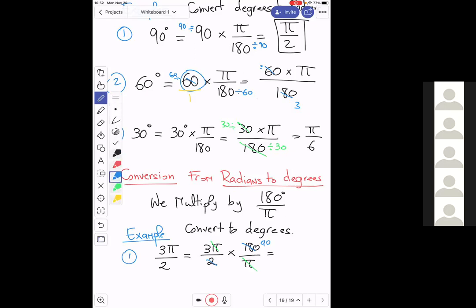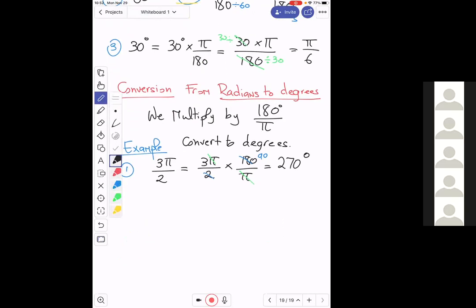So the answer is 270 degrees. Or of course, you can say 180 times 3 is 540, divided by 2, that's 270. So it's up to you guys how to simplify your expression.